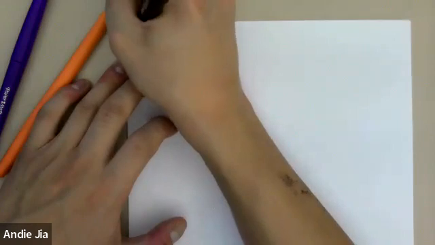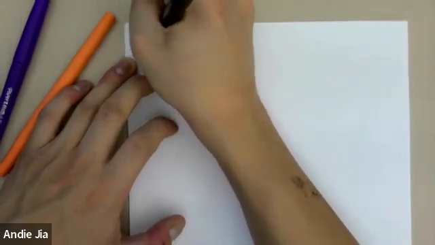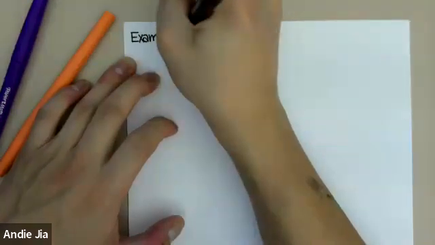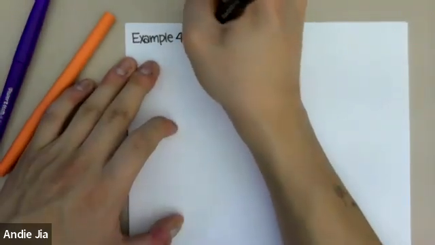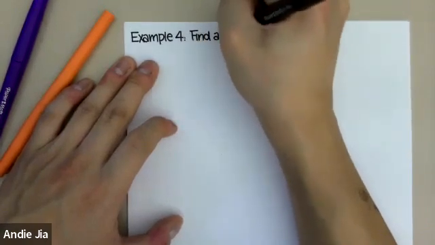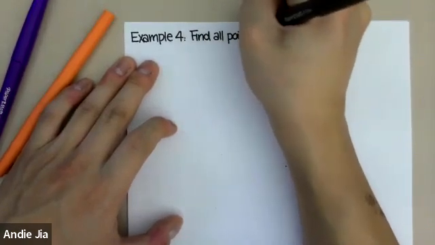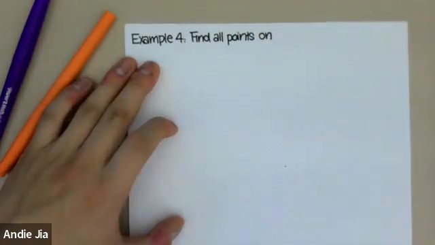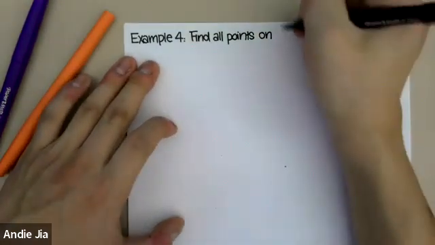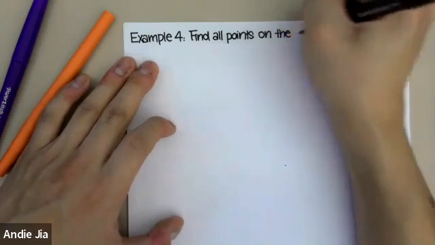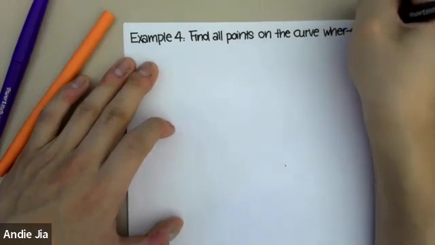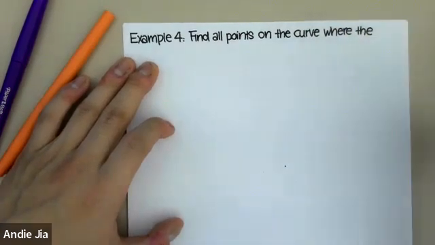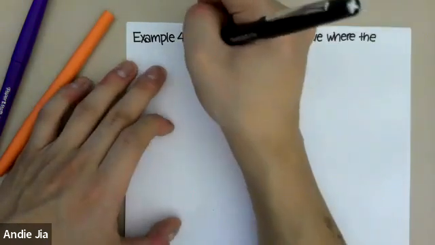Let's find out example number 4. Find the point on the curve where the tangent line is horizontal.